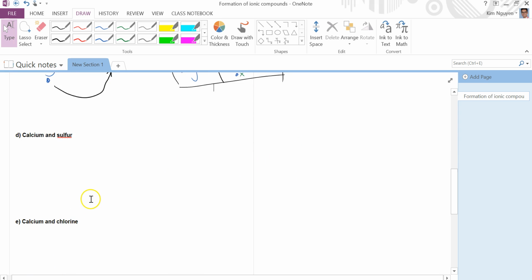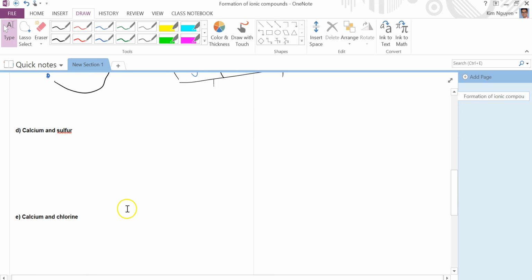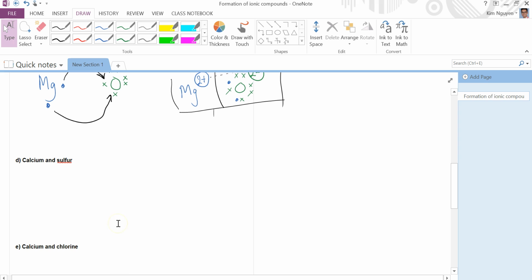Okay, so calcium sulfur is similar to magnesium and oxygen, so you can pause this video to work through that one if you like. I'll work through it very quickly. So calcium and sulfur.